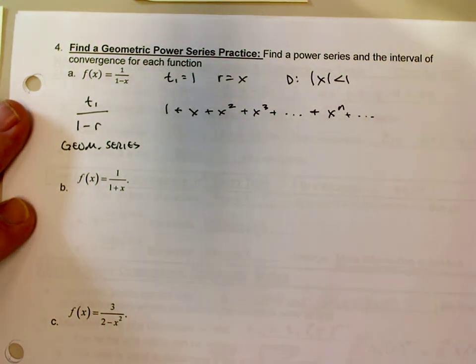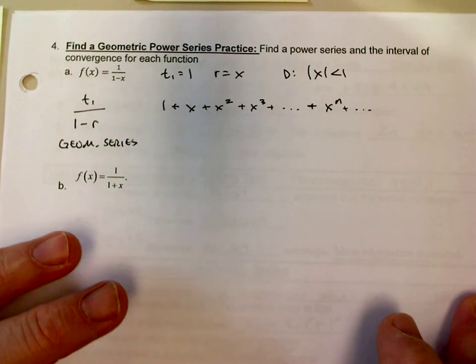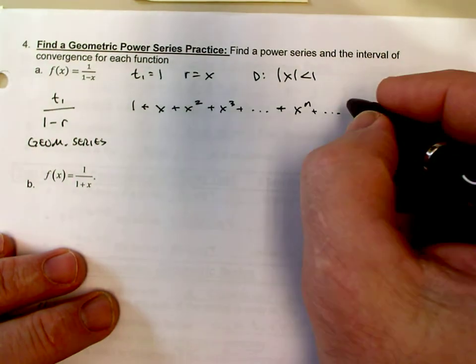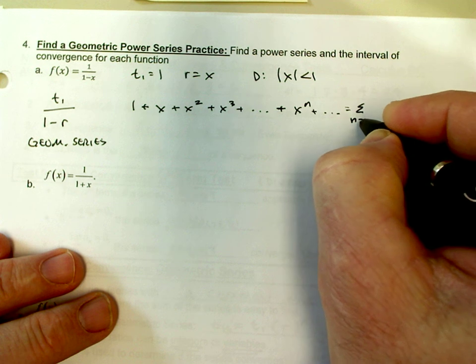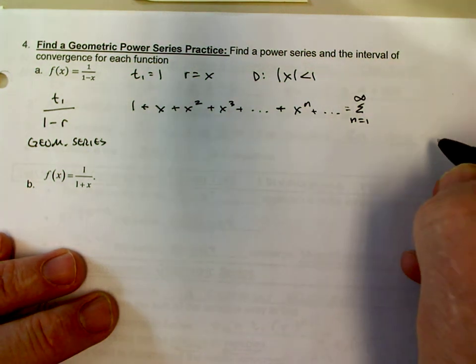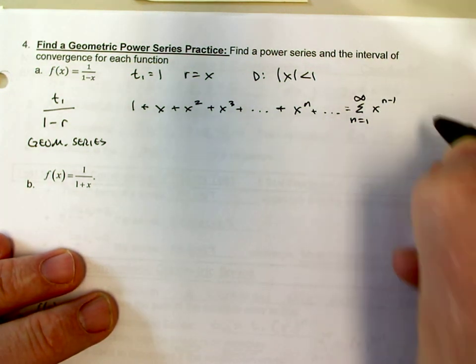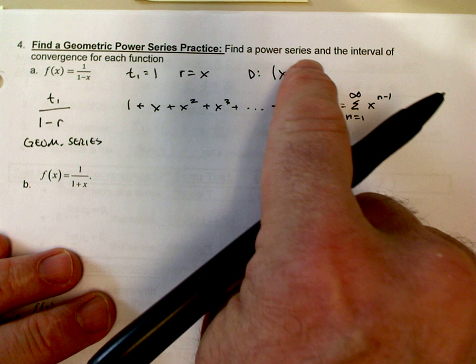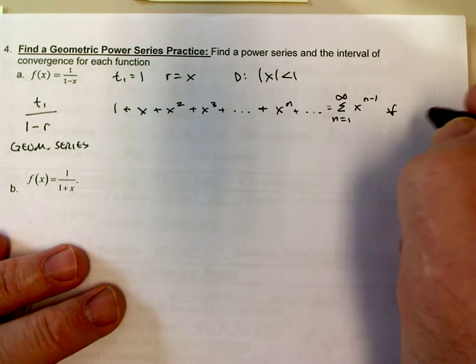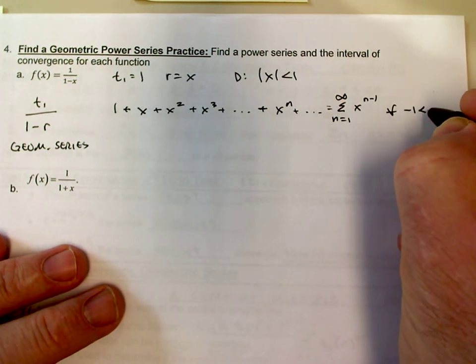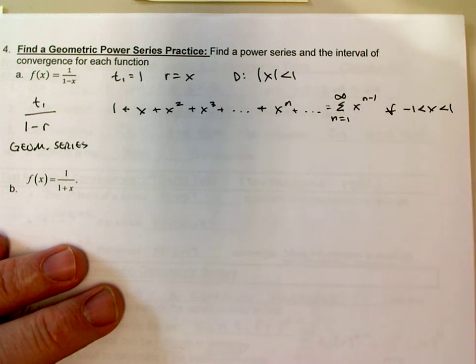Plus, and again, this is going to go on forever and ever. And we also want to write this in summation form, which would be the sum from n equals 1 to infinity of x to the n minus 1. And this is going to only work on our interval of convergence from -1 to 1.